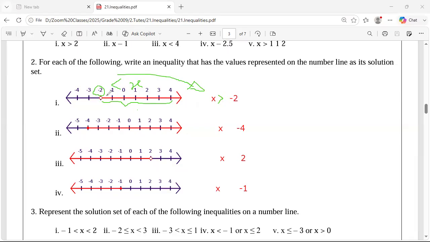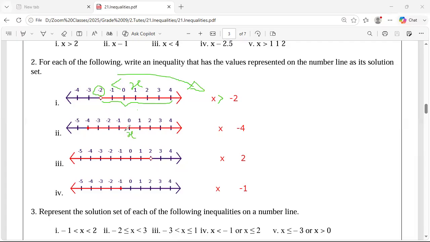We are not going to use the equal mark here. Why is that? This is an empty circle, so we are not going to use the equal mark.